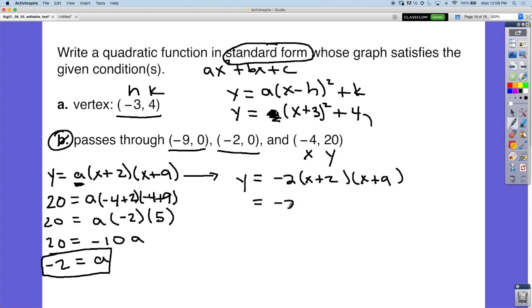I'm going to multiply it out. -2 times x squared plus 11x plus 18. I'm going to distribute the -2 in to make it -2x squared minus 22x minus 36.